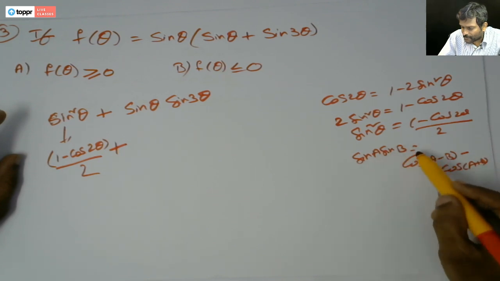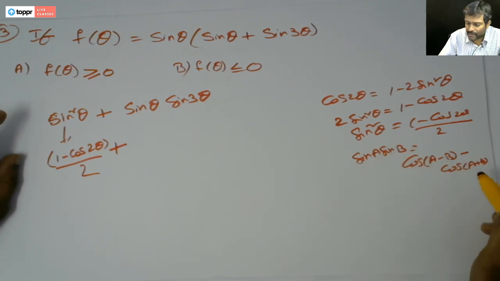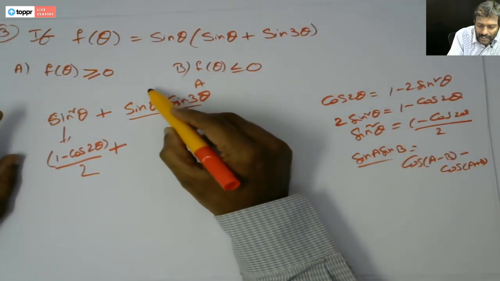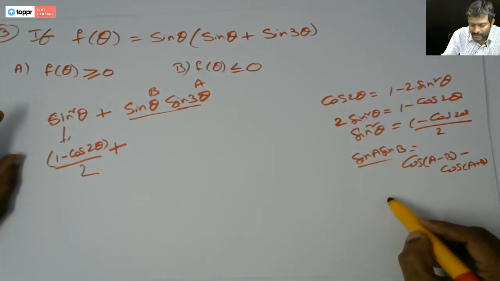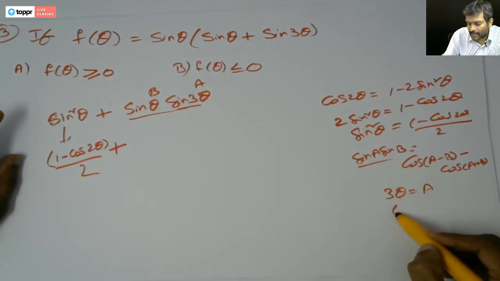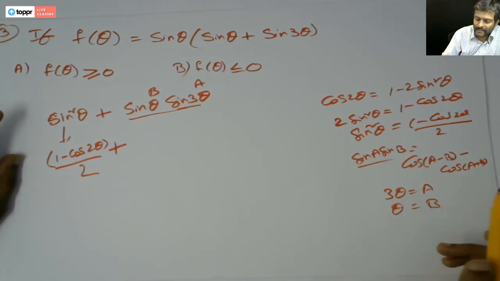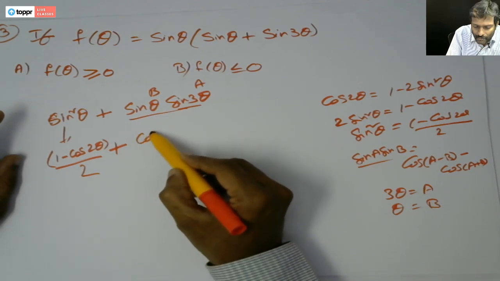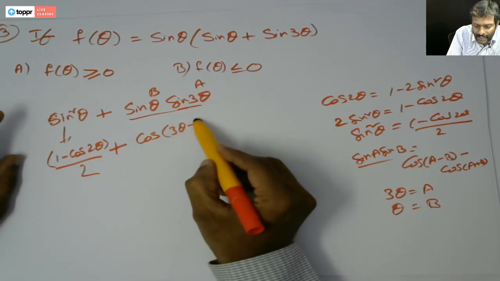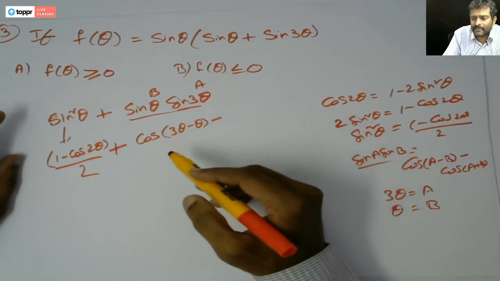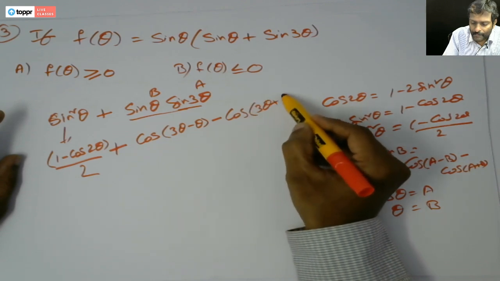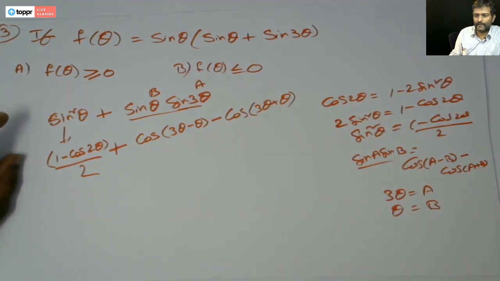Sine A sine B is cos A minus B minus cos A plus B. So instead of sine theta sine 3 theta, I am considering 3 theta as A and theta as B. So I can write this in the form of cos A minus B. So cos A is 3 theta minus theta, minus cos A plus B, so cos 3 theta plus theta, right? Can we do that? And by 2.